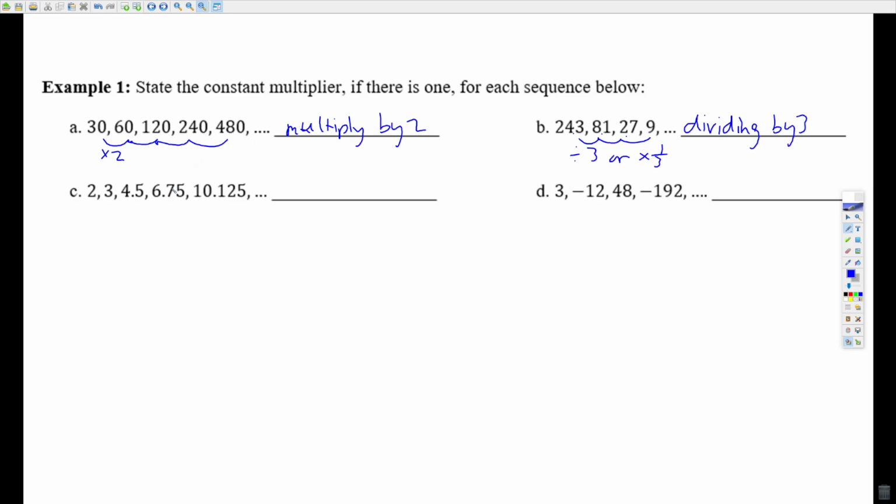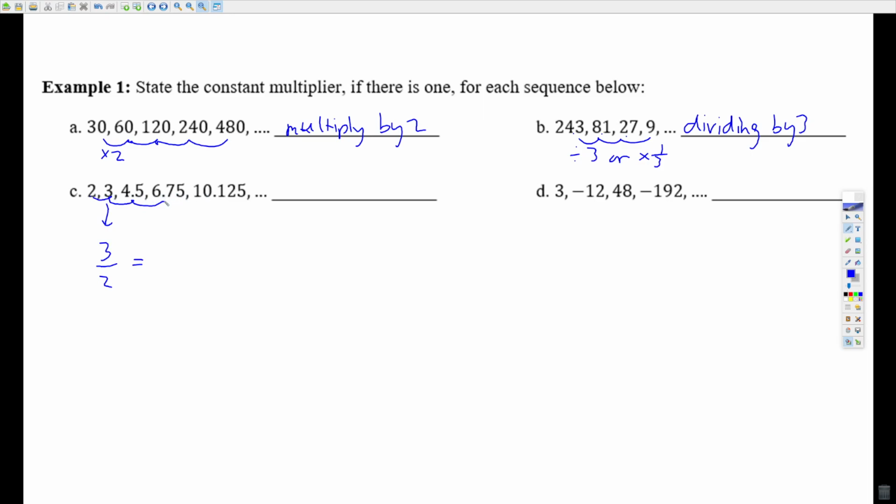Now sometimes you get ones that have decimals in them, and it may be more difficult to figure out how you multiply one number to get to the next. So if you have no clue how it works, like how do you go from 2 to 3, and then 3 to 4.5, and then 6.75? One way to do this that is very, very easy is just to take the second term, 3, and divide it by the first term, 2.